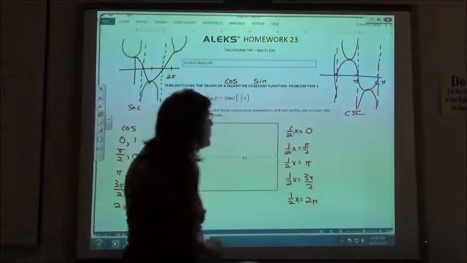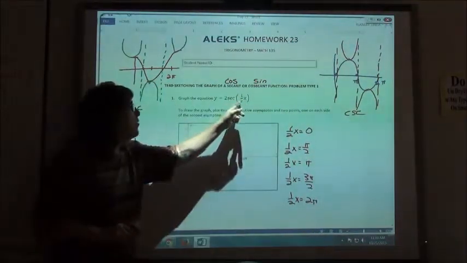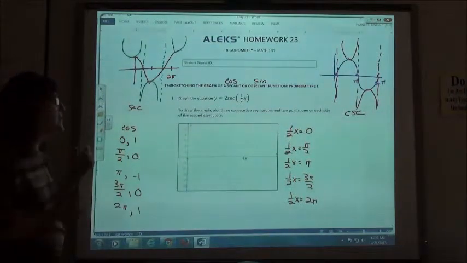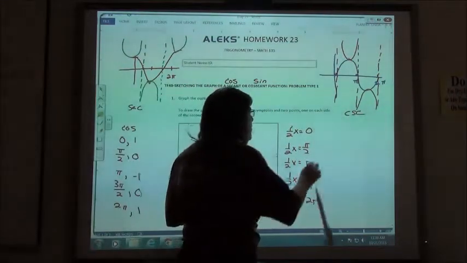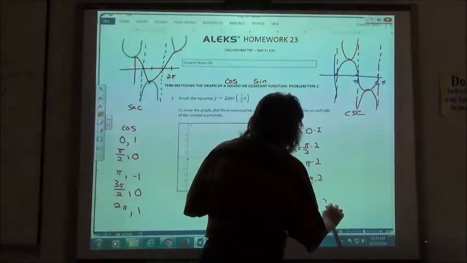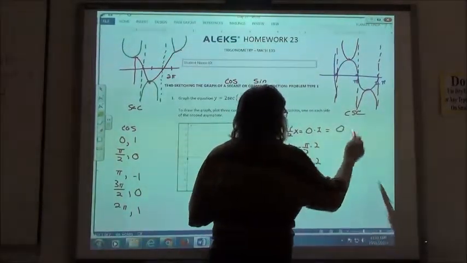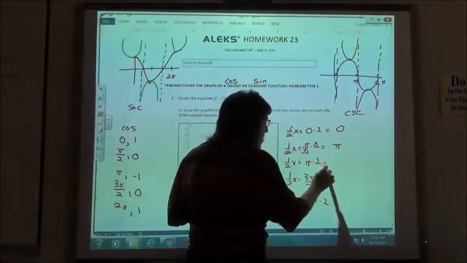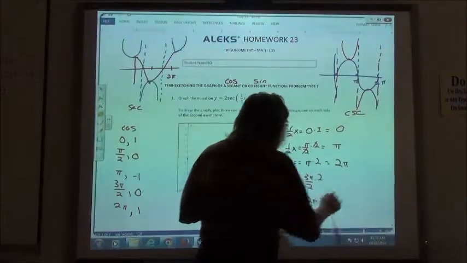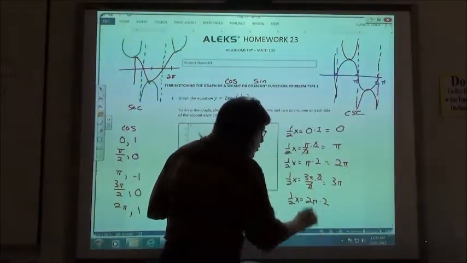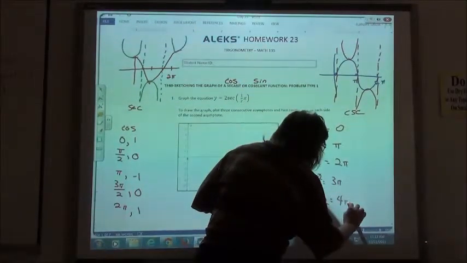Just like we did when we were going to do the cosine curve, we set this equal to each of our normal values for x and solved. So to solve these, we're going to times 2 on all of them. So 0 times 2 is 0. Here the 2's cancel out, I get pi. Here I'm going to get 2 pi. Here my 2's cancel out, I get 3 pi. And here 2 pi times 2, I get 4 pi.